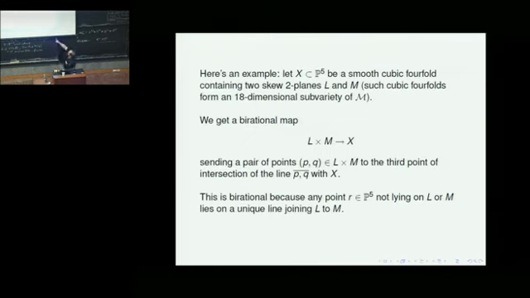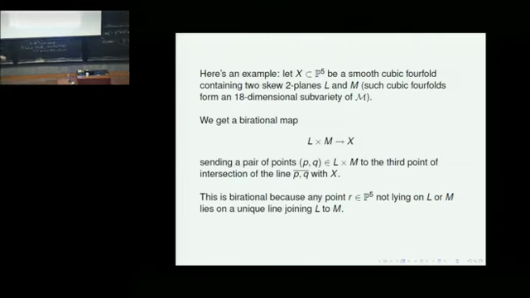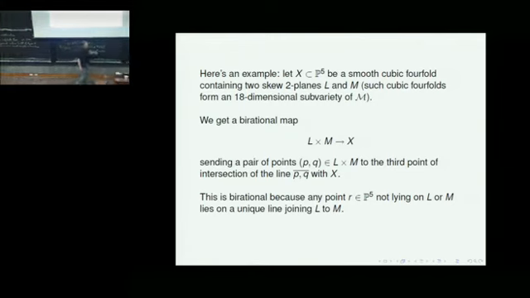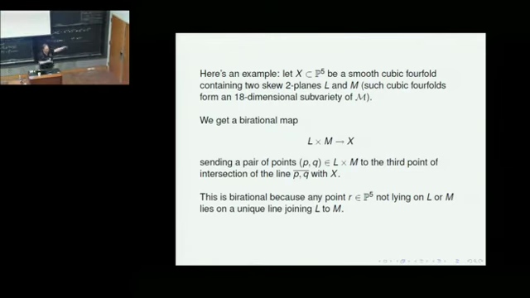The inverse map basically blows up L and M, because the map backwards is not defined at points of L or M. So we blow those up, and then we simply collapse all the lines lying on the cubic fourfold that met both L and M, or equivalently all the lines joining L to M that lie on the cubic fourfold. They get collapsed. So the map is a particularly simple map. It just blows up L and M and collapses this family of lines.